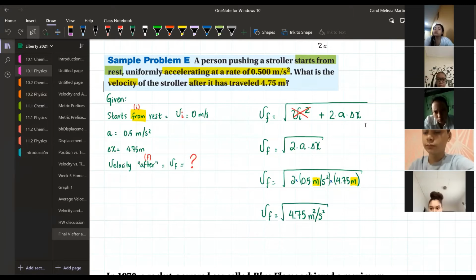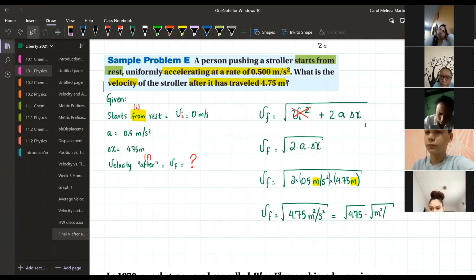Now take a look at this. When you see this, I know that in the end, you're very practical, you're not gonna do this, but I have to explain it. This is also the same as having 4.75 inside a square root times just the properties of square roots. Just remember that. Meter square over second square.